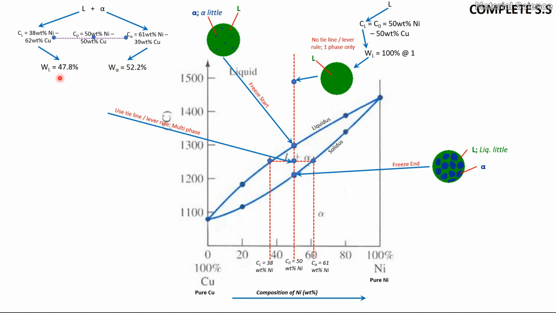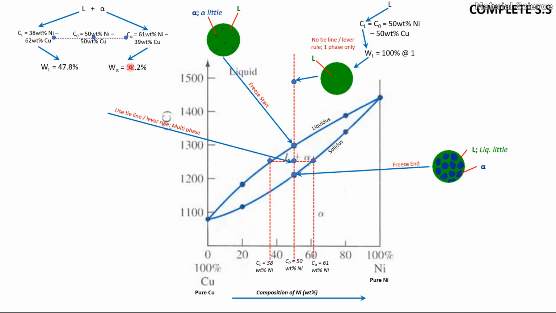Okay, how did I get 47.8? I applied the lever rule. How does this lever rule work? For the lever rule, here we have 3 points. WL equals 61 minus 50 divided by 61 minus 38.